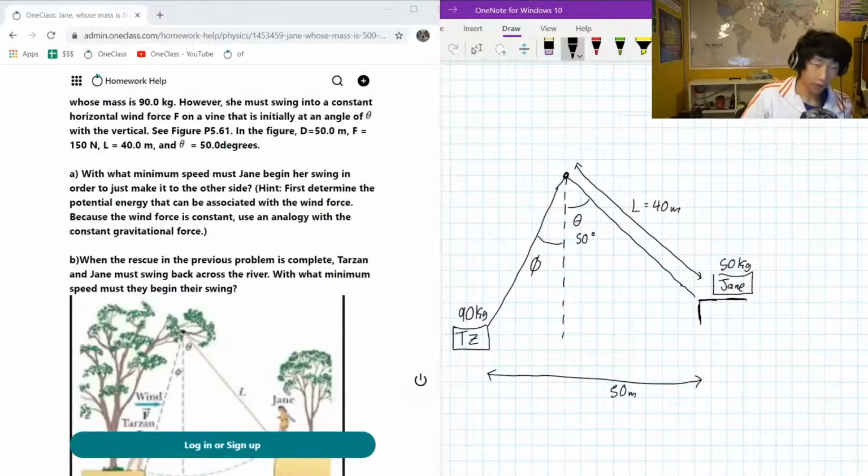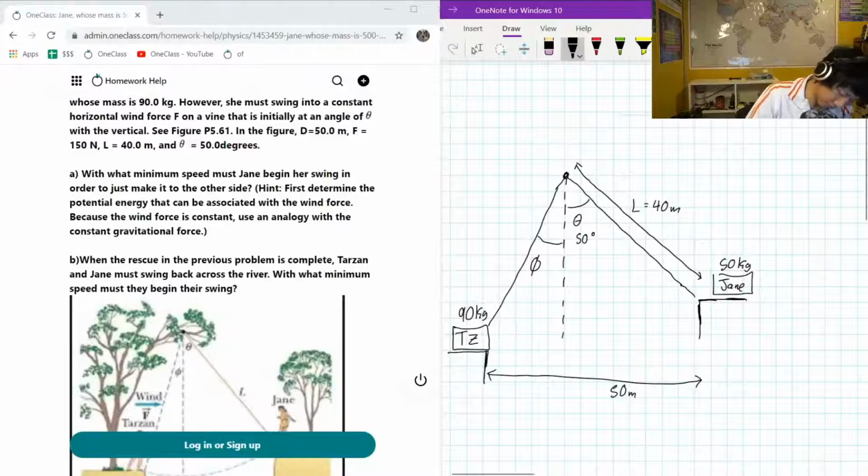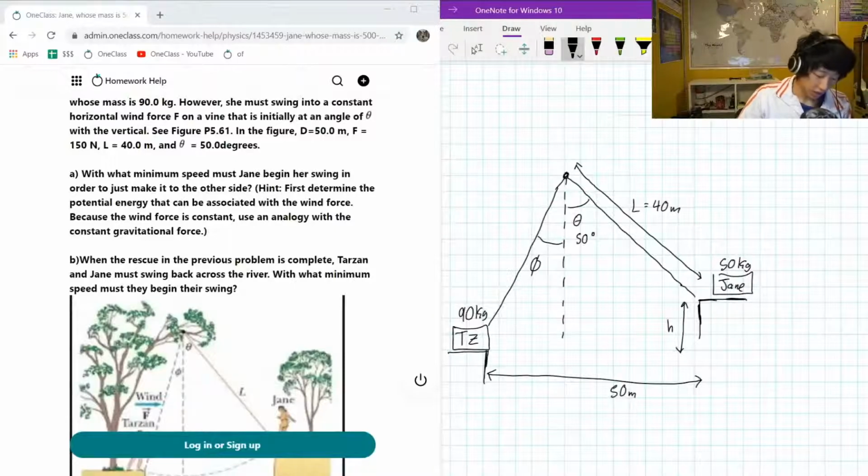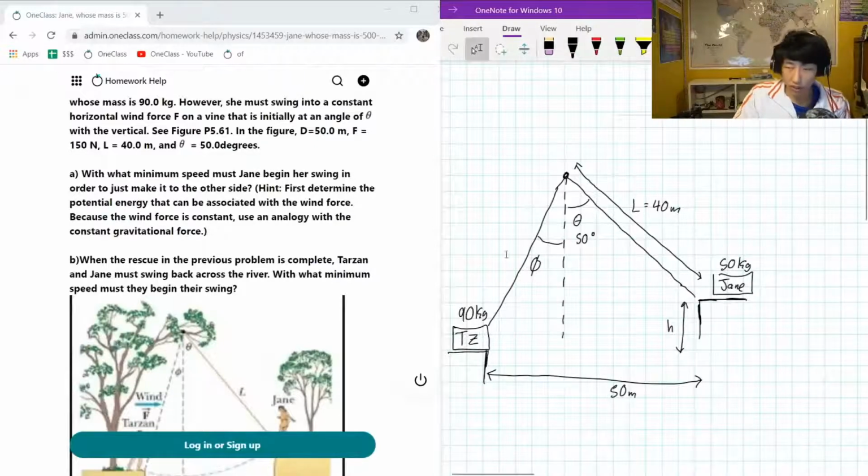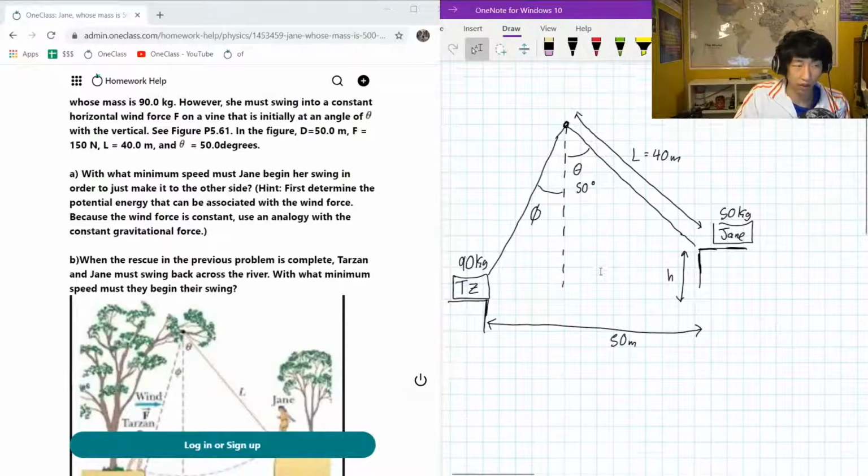Okay, so the first thing that we're going to need to consider here is that we do have an unknown height difference that we definitely need to take care of. So this is H. Now, we do need to do a little bit of trigonometry to figure out what in the world that is going to be.